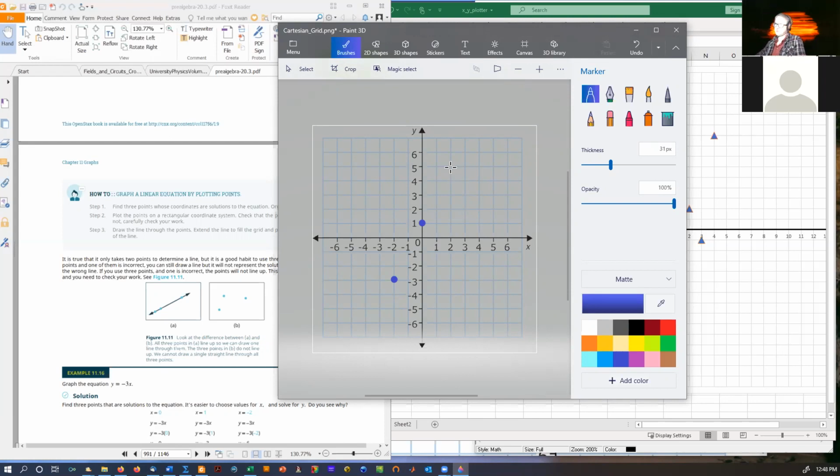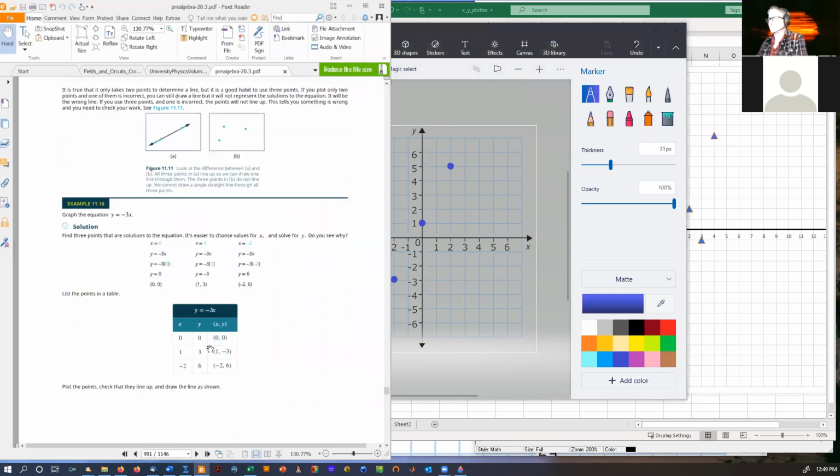Was it there? 1, 2, 3, 4, 5. Yeah, there. Lining up like that, it's easy to see what your mistake would be.